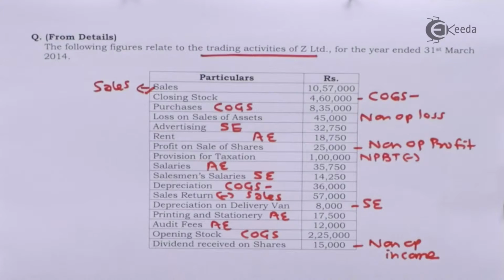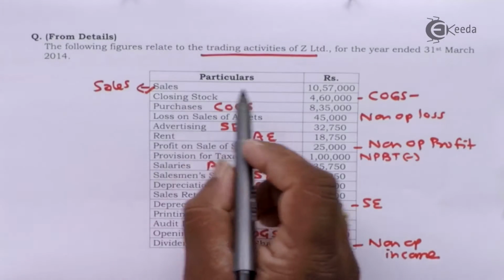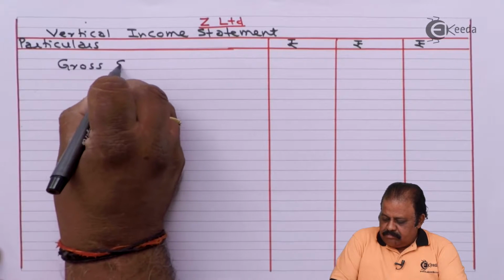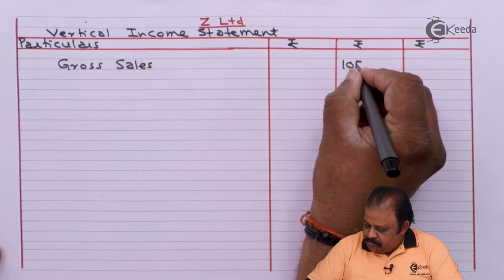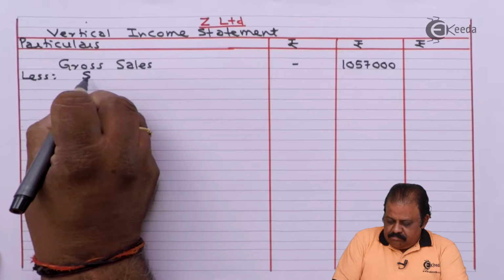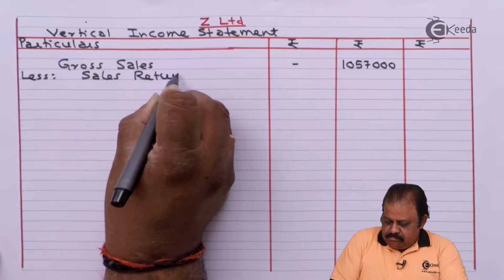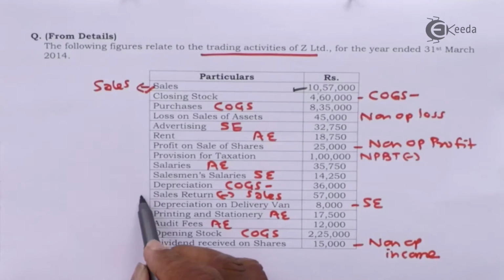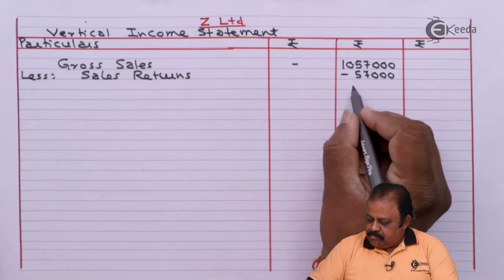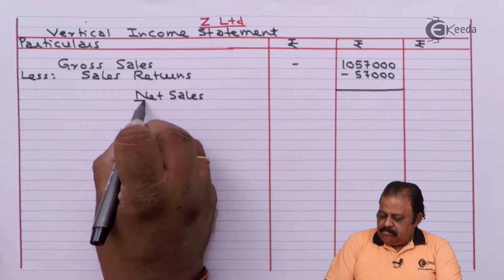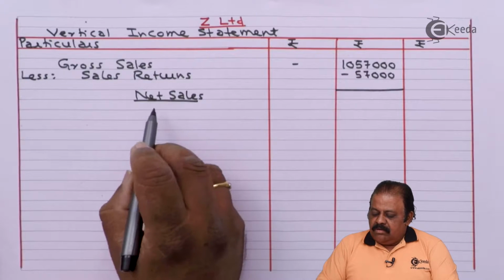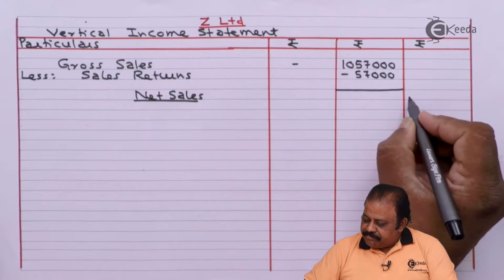We first start with the figure of sales. Sales 10,57,000. We have sales returns 57,000. 10,57,000 minus 57,000, net sales will be 10 lakhs.